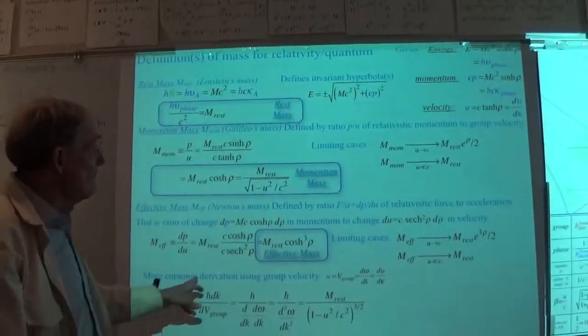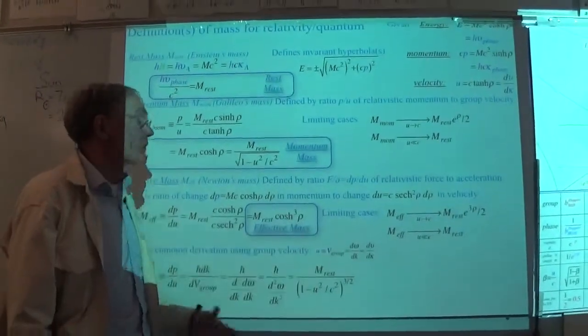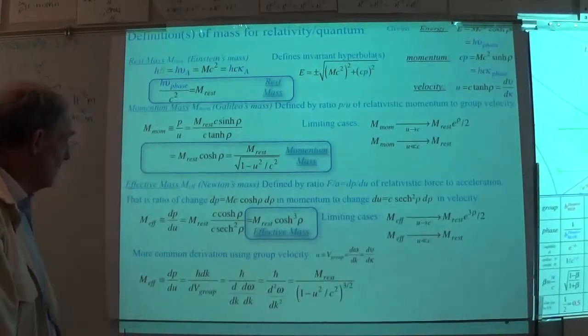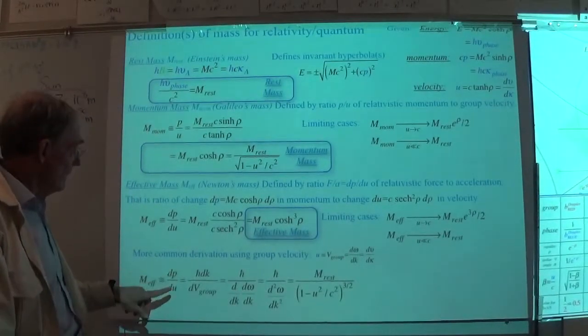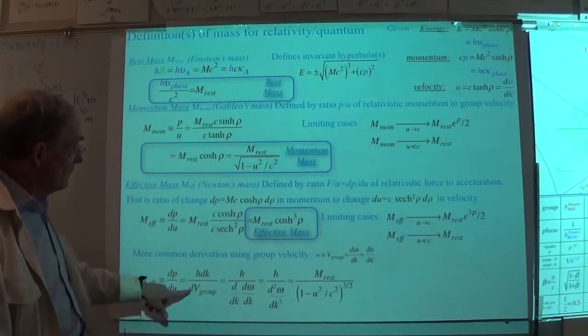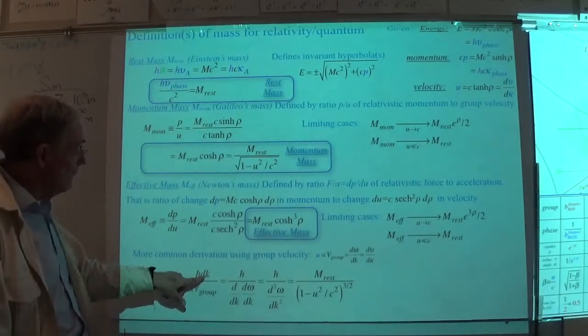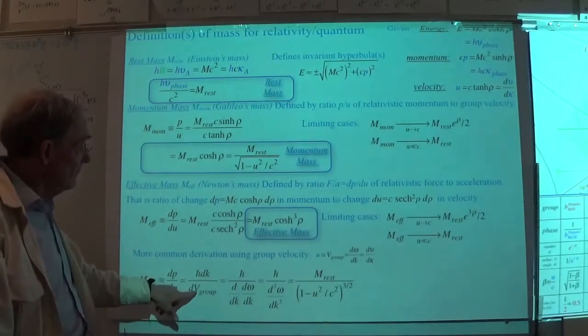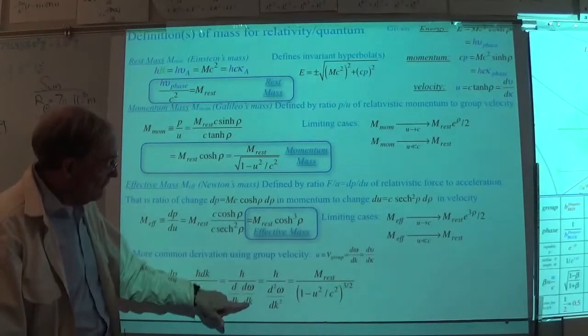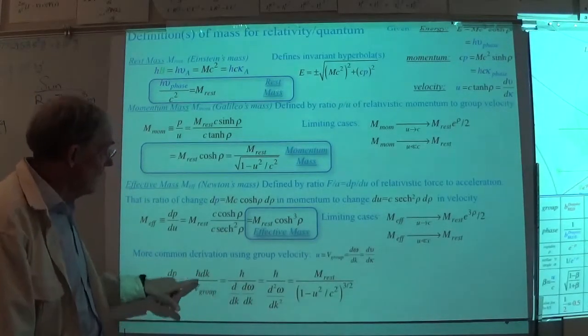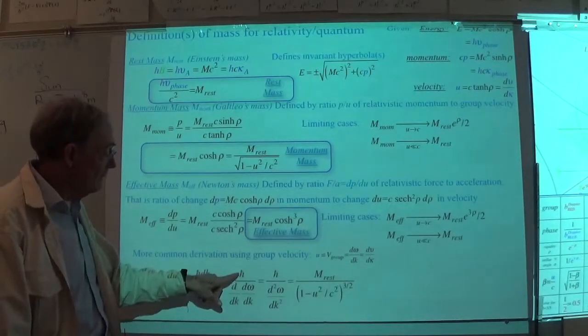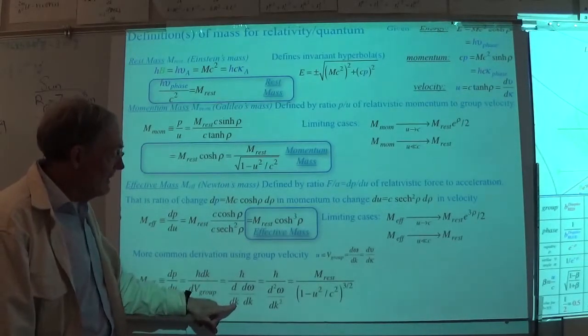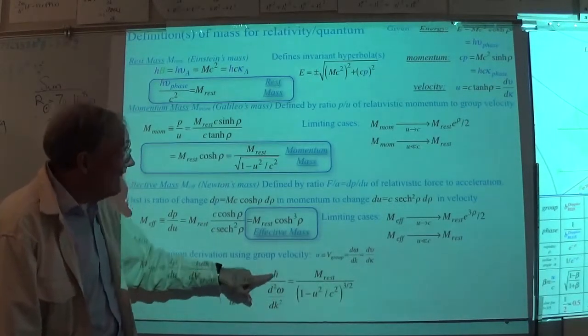Now there's a more common derivation of this, based just on going for the group velocity right away. I got dP/du, and that means ħ dk over dv_group. Now v_group is dω/dk, so I bring that down off the ceiling here and put it on the floor. And I got a double derivative here with an h bar in it.